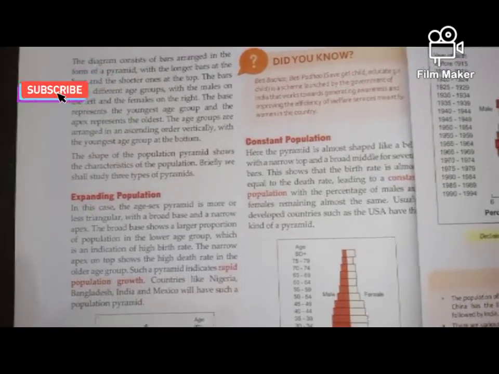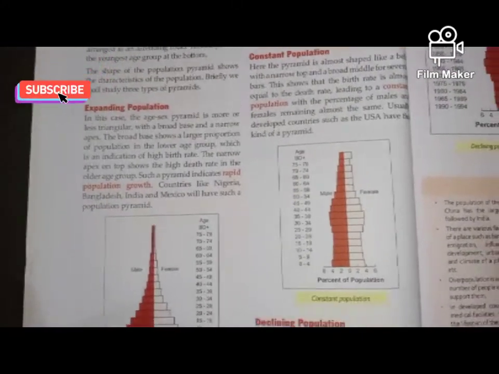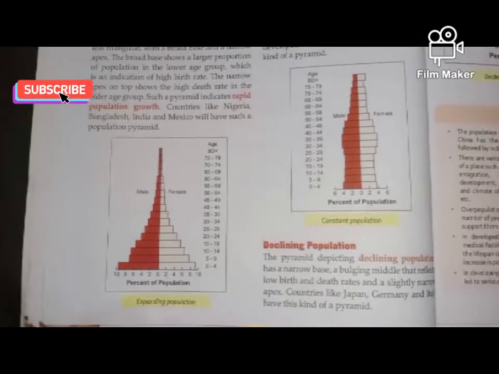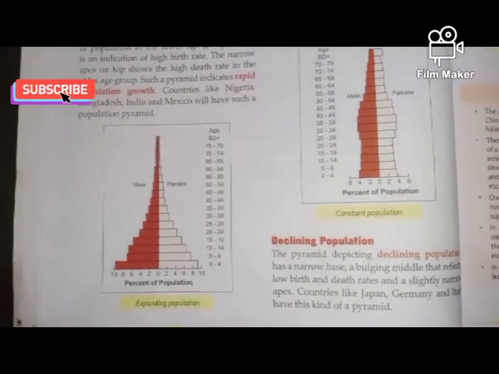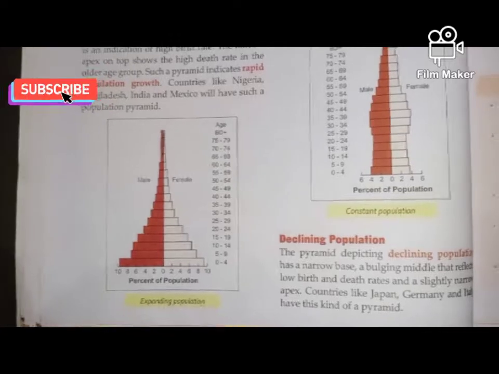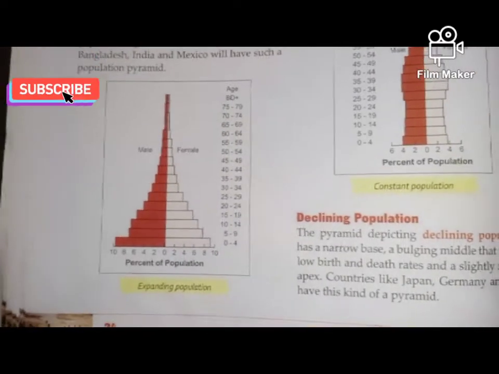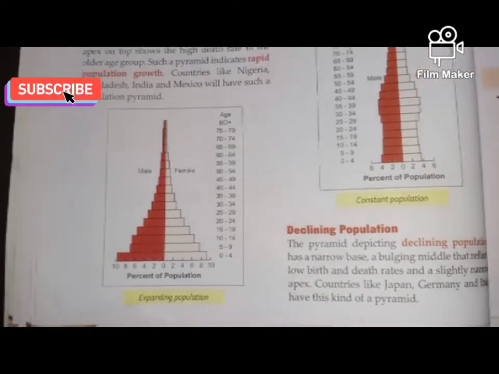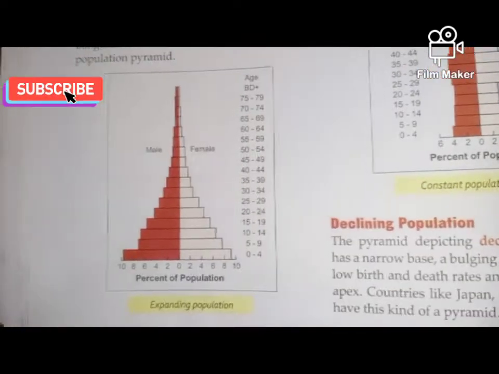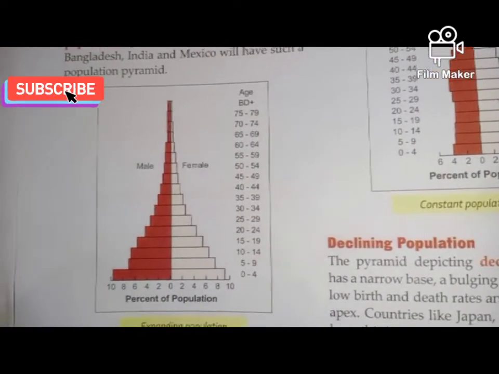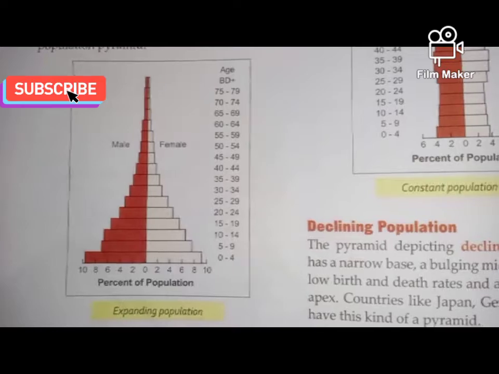So if you take a look here, there is a diagram about the age and sex population. Let's focus on that and study how it is useful and how it is made.